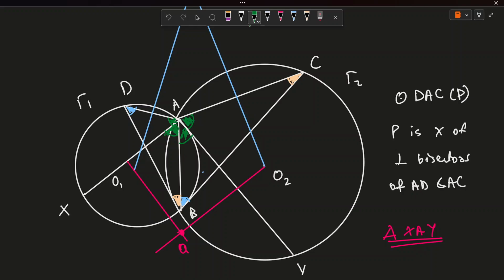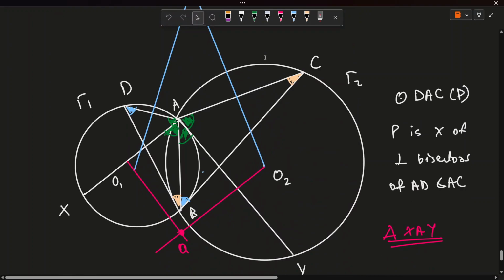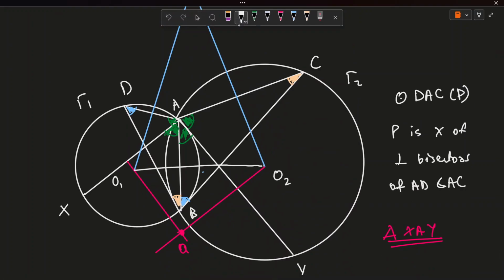Okay, so now if we want to prove that PO1 equals PO2, first we draw O1O2, and it's very well known that O1O2 is perpendicular to this line, so let's keep it like this.